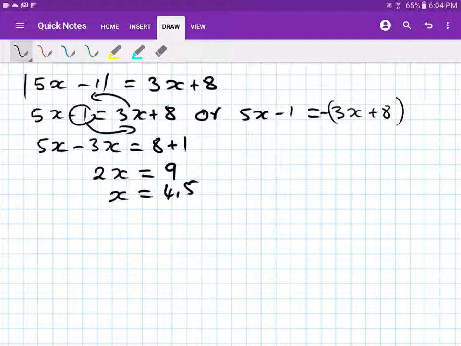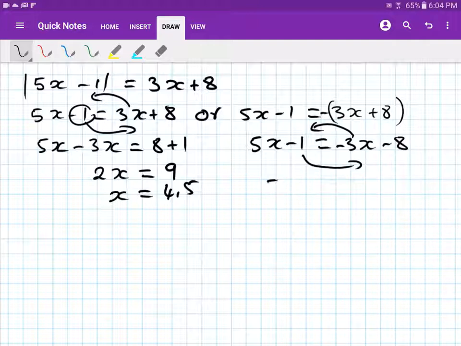Now, solving this equation here, I remove the bracket first, so I just write this down first. 5x minus 1 is equal to negative 1 times 3x, which is negative 3x, negative 1 times 8 is minus 8. I move the minus 3x to this side, and the negative 1 to this side.